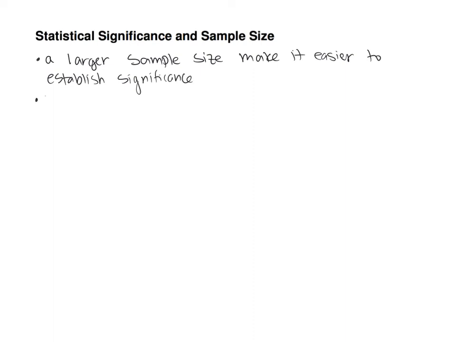And you will see this in a homework problem. You're basically going to take a set of data that has the exact same row and column percentages, just the numbers are scaled up, and you're going to see that with the larger sample size, proportions that were not significant all of a sudden are when you have a larger sample.